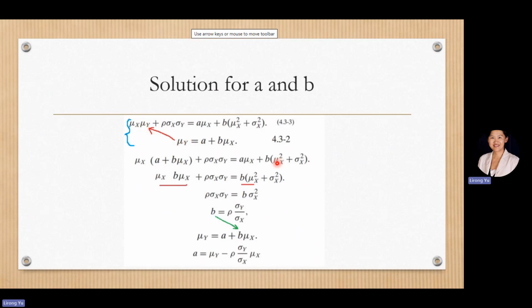Then we have some common terms on both sides of the equation that we can cancel. Cancel a times mu x, we have this. Then this one and this one, again, we can cancel the common term, and we have this, which allows us to get b. Once we have b, we plug b into the second equation, which then gives this. So that's pretty much the whole process of simplifying the equation.